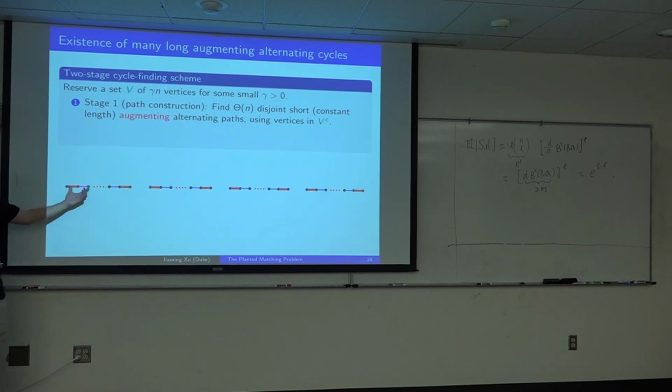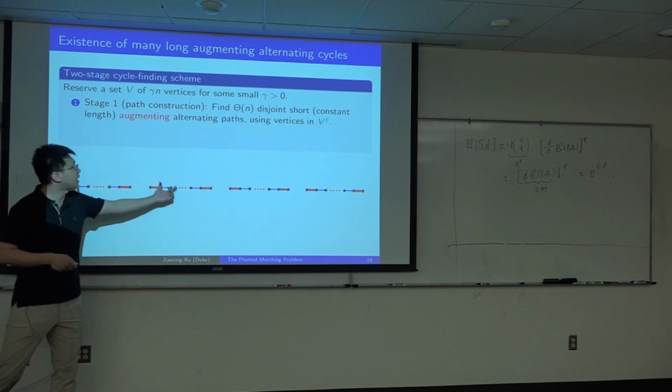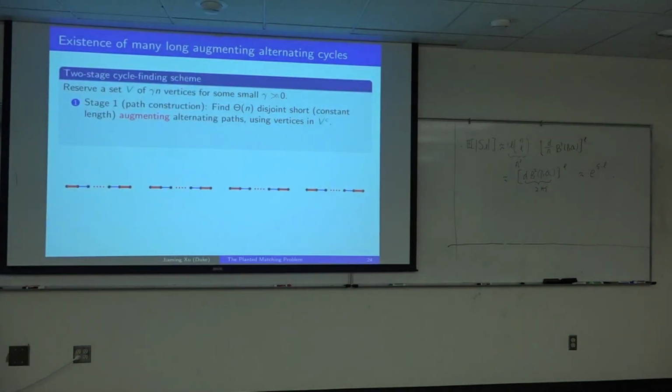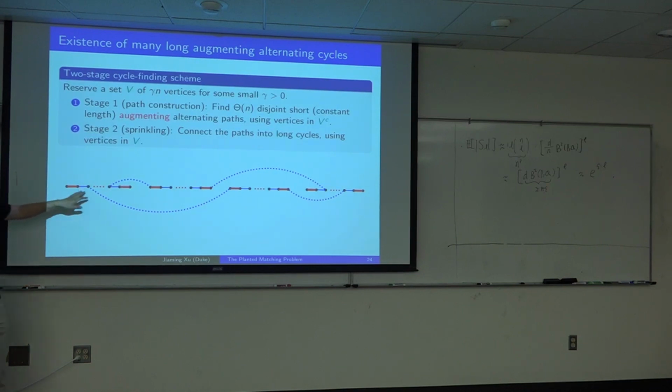The length will be at a constant level, and my hope is that I can find a constant times n many of such short paths. Later I'm going to tell you how we achieve this, but suppose you get that. Now in the second step, I'm trying to do this so-called sprinkling. So I'm trying to connect these paths into long cycles using the reserved vertices.